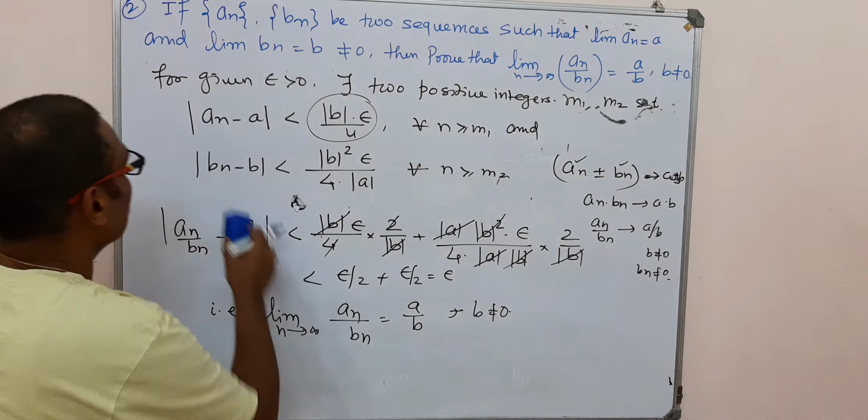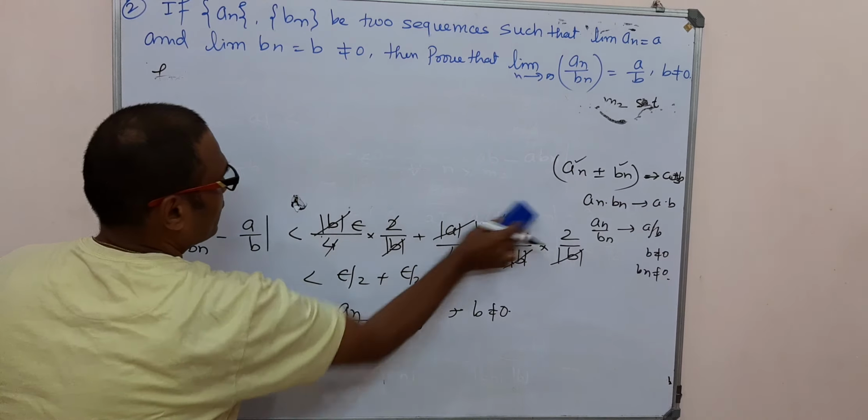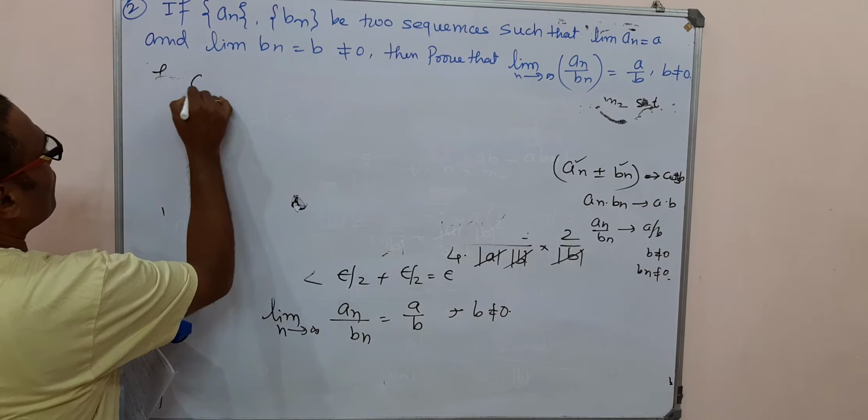Okay, so we have some examples. If we take an equal to n square, and bn equal to minus n square, you observe that these sequences are divergent, not convergent.